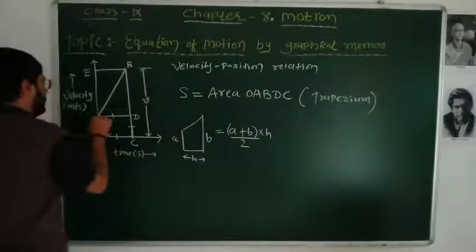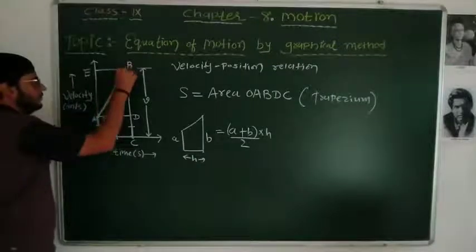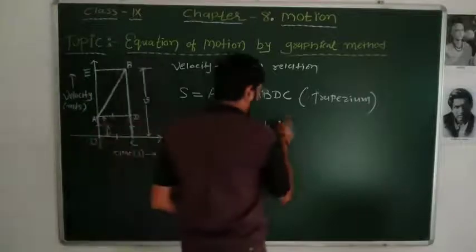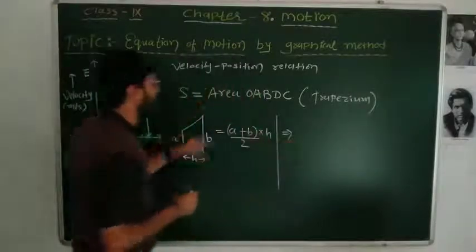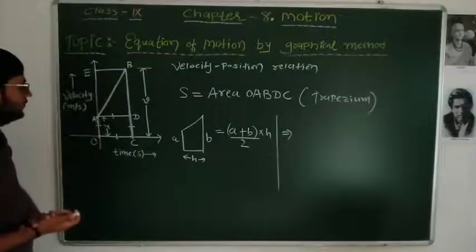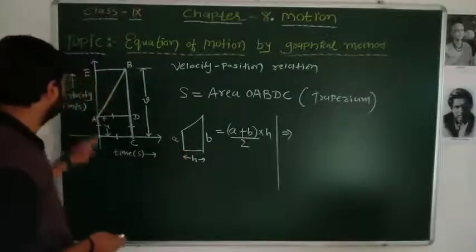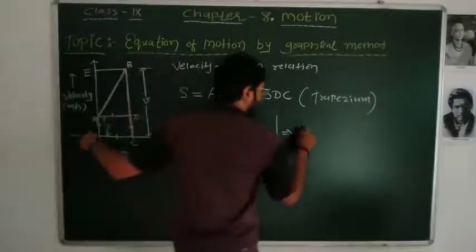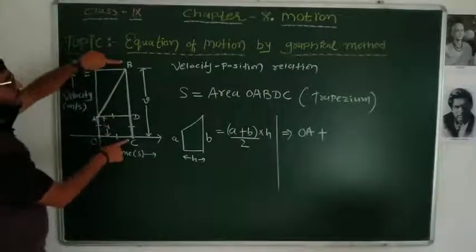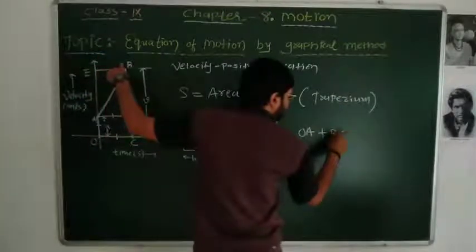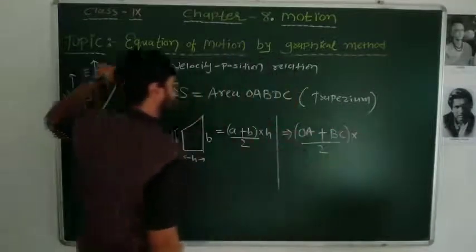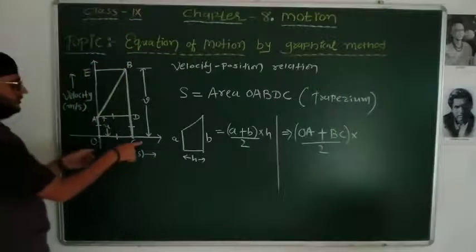Similarly, we can use this for this graph. The area of OABDC is also a trapezium. A is the OA plus B is the BC, by 2, multiplied by H, where H is the OC.